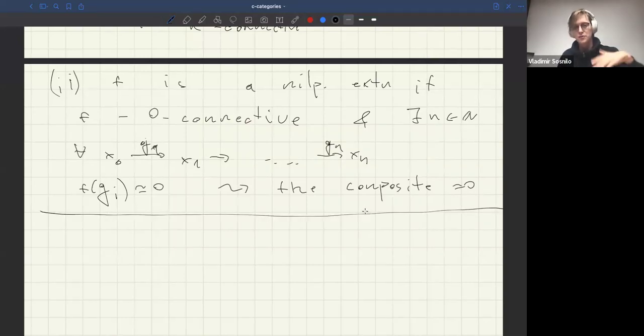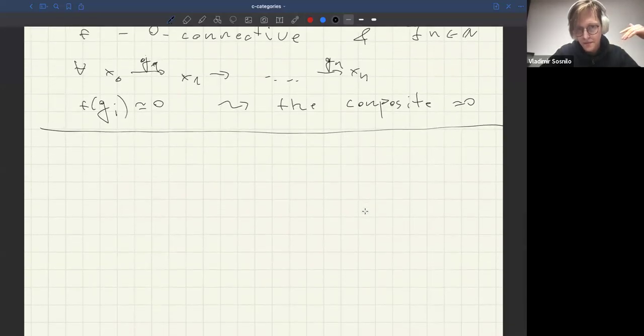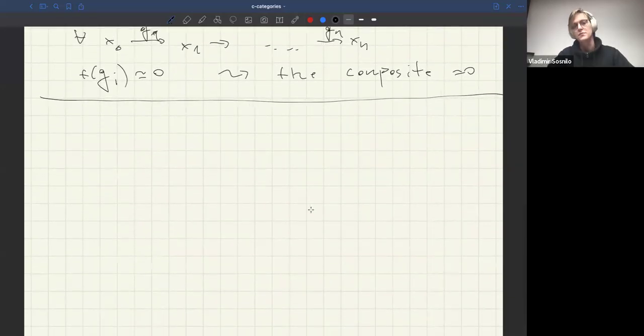And this allows you to generalize the theory from classical connective ring spectra about nilpotent extensions to weighted categories.